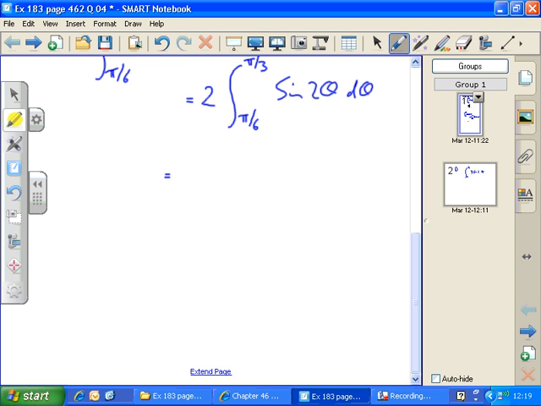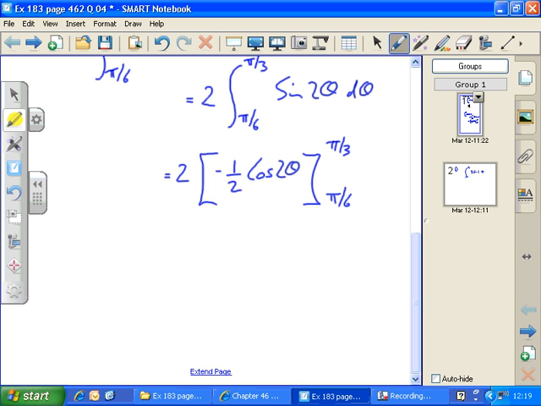Performing the integration, sine becomes minus cos, and the 2 comes out and goes underneath. So this is minus 1 over 2 cosine 2 theta between the limits pi by 3 and pi by 6.